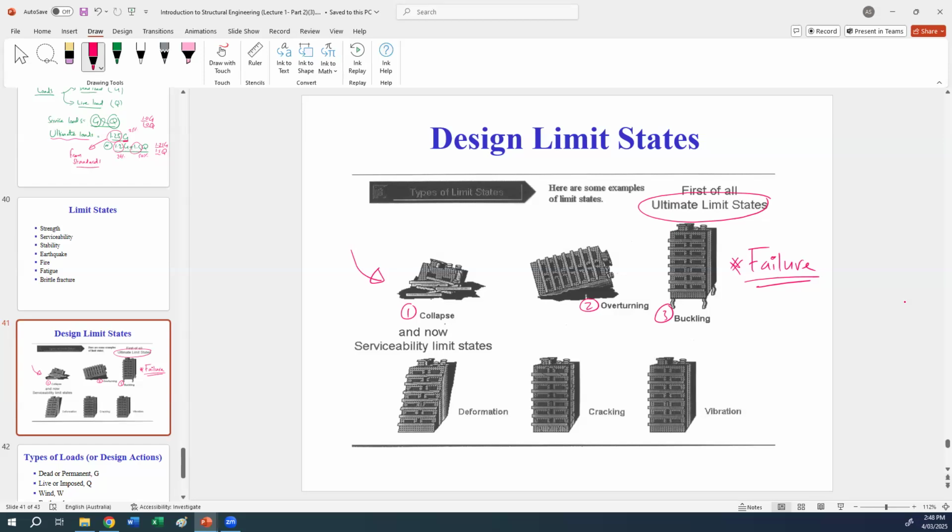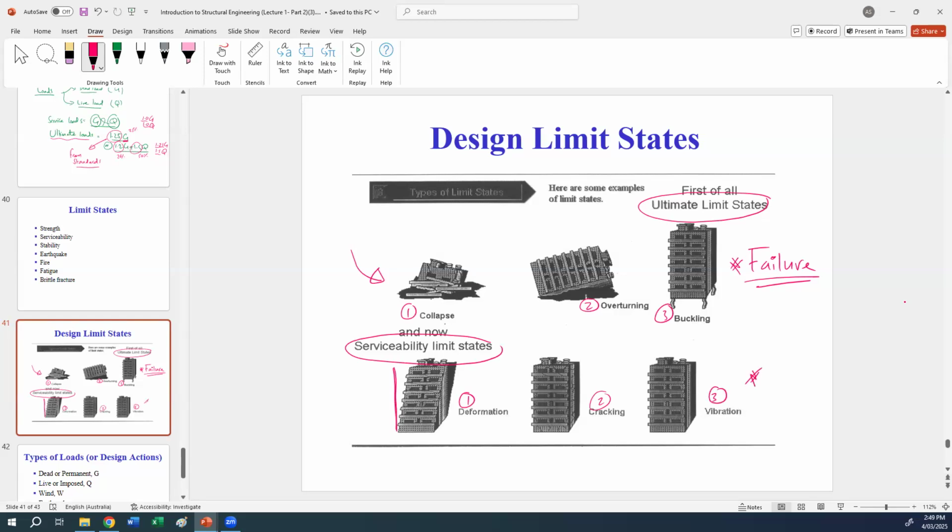The second limit state is the serviceability limit state, which, as you can see here, involves for example deformation or drift of the building. The building should be vertical, but it has drifted a little bit. Cracking in the building can also be one of the serviceability limit state points we are looking at, and also vibration.